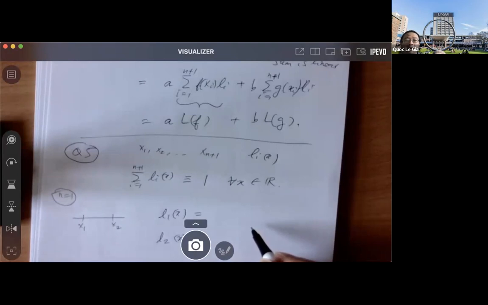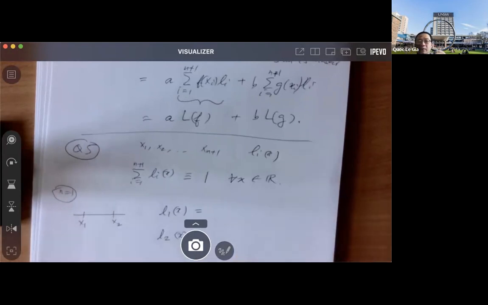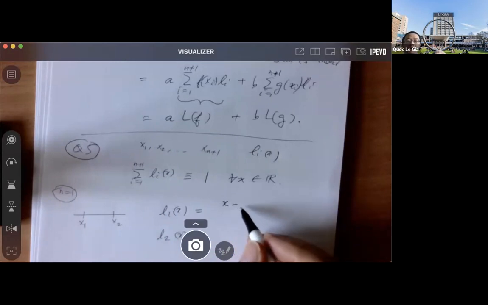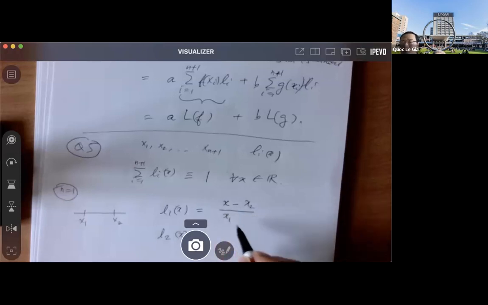No, L1 is not x1. So L1 is x minus everything except the first point, so it should be x minus x2 over x1 minus x2. Yes, correct.